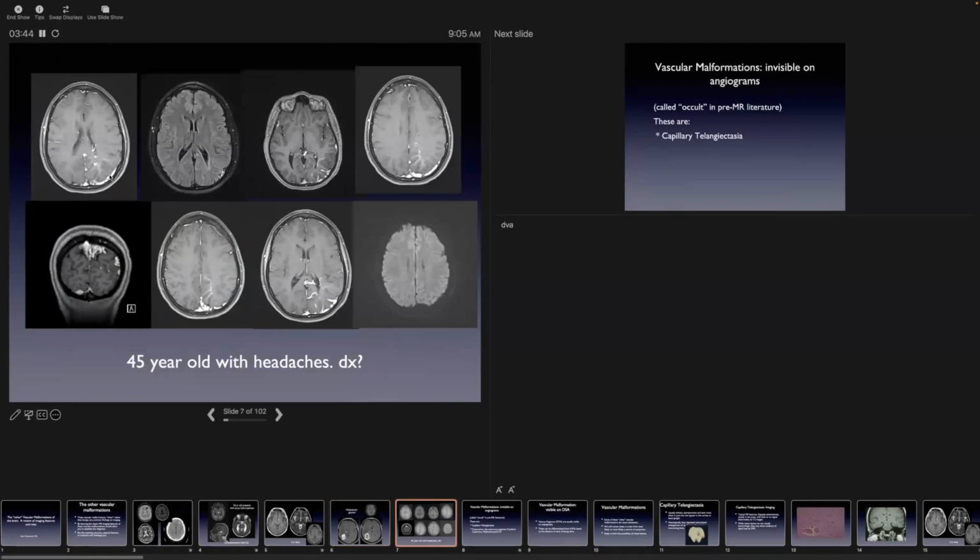And finally, this patient who has these vascular structures you can see throughout the left occipital region, here on the surface of the brain, here in what looks like the parenchyma of the brain, along the ventricular margin, really quite prominent here on the coronal T1 weighted imaging. So how would you manage this case in this patient with headaches?